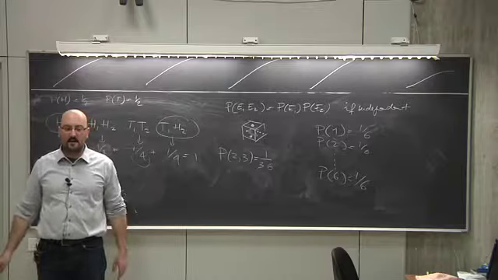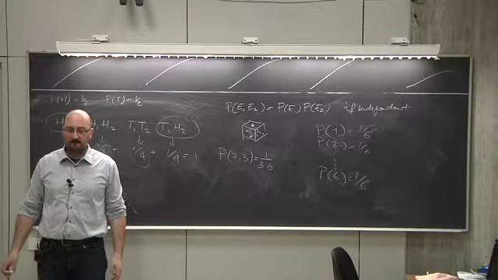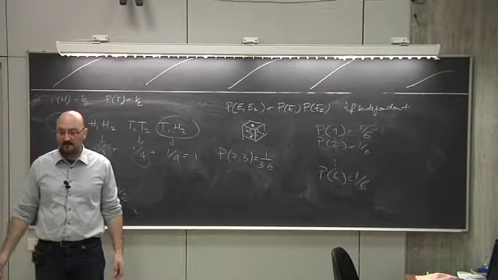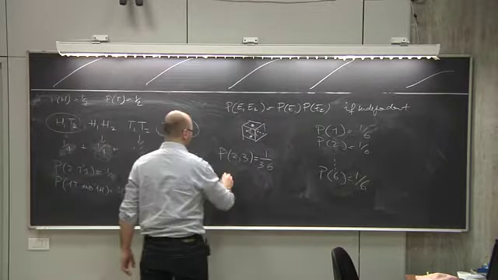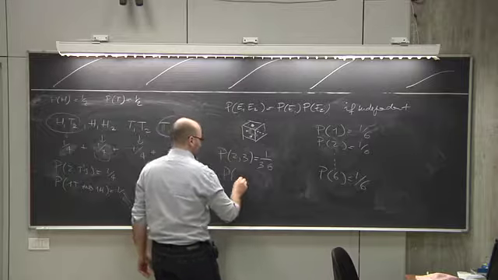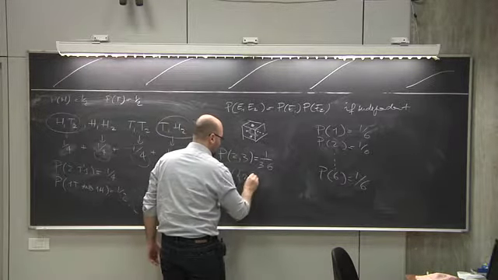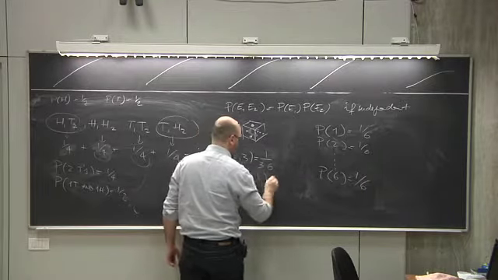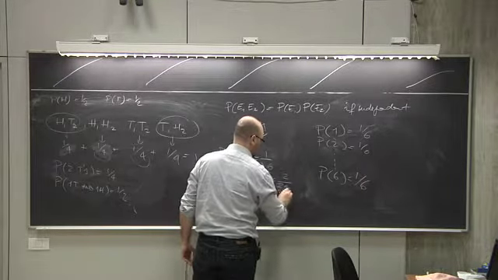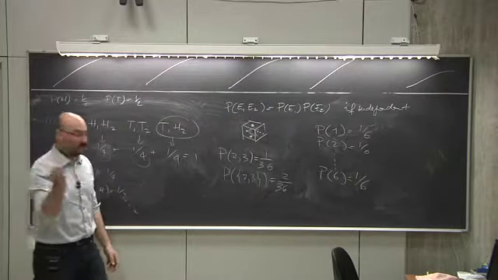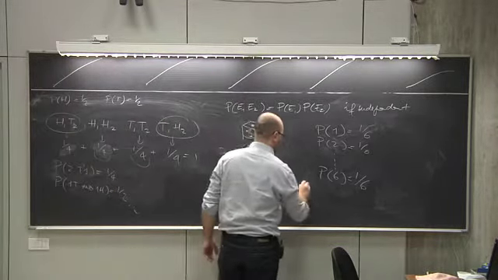What's the probability that I get a 2 and a 3? That I get the set 2 and 3 is 2 divided by 36, because I can get 2 on the first or on the second, so I have 2 possible configurations: 1/18.